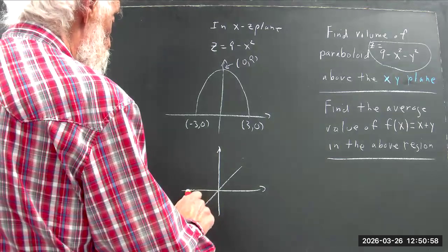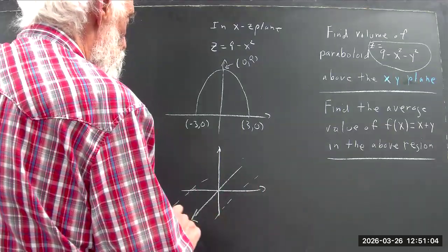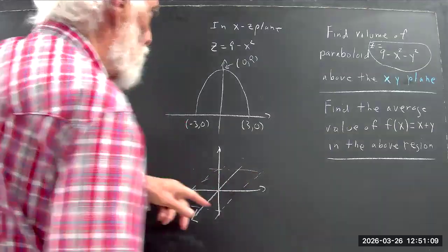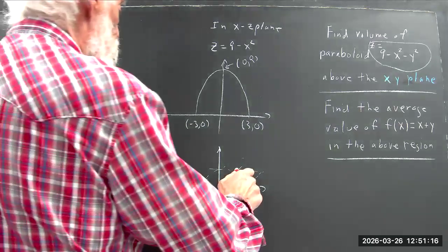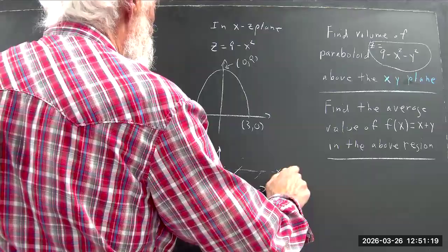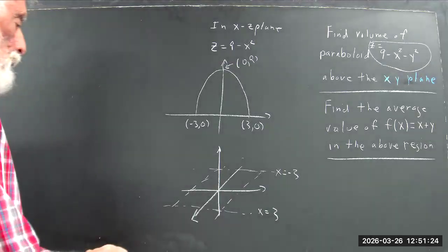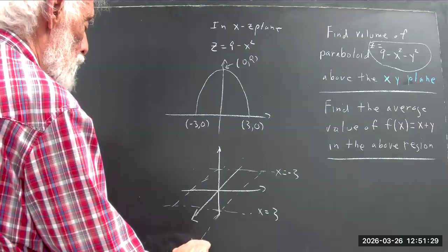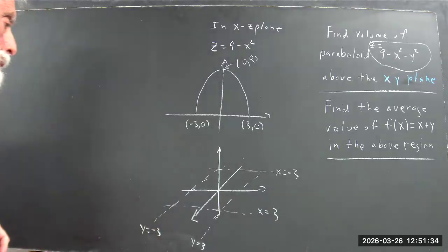Okay, so down here, we can sketch this region. I'm going to just sketch a 3 by 3 square here, or 6 by 6, okay? In other words, we're going from x equals negative 3 to x equals 3. If we extend these lines, we're seeing we've got y equals 3 here and y equals negative 3 here.